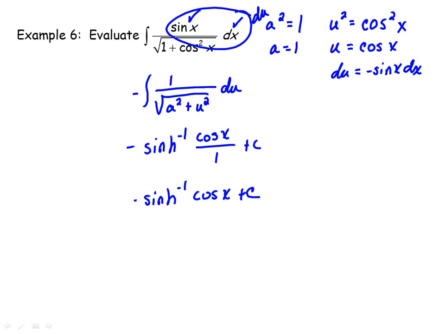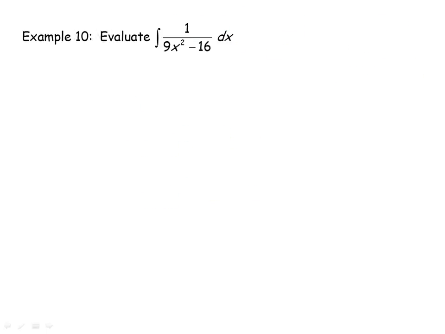All right, let's try another one. Which one do you want to try to get this one to look like? The third one. We'll try it. So we need to know what an a squared is.